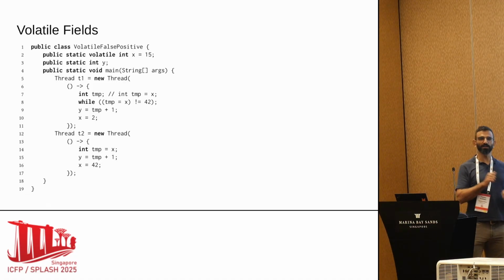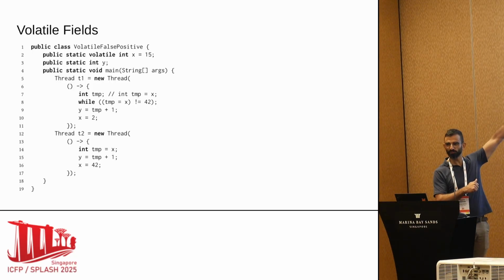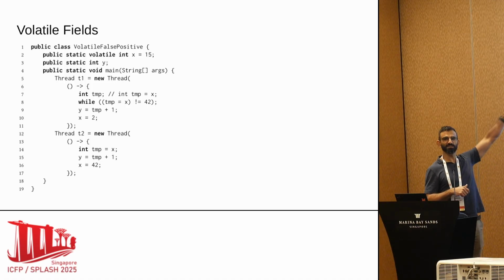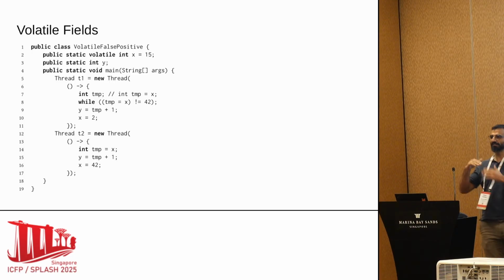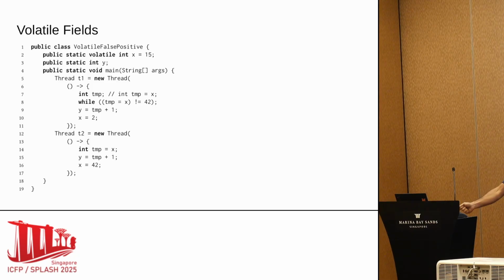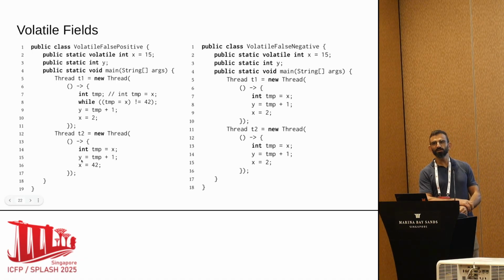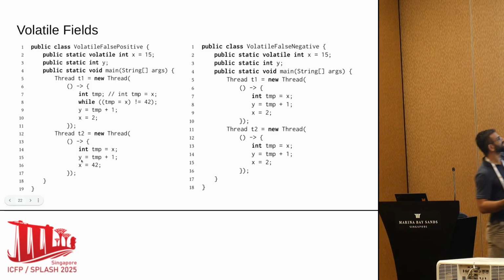And a lot of people write custom synchronization code like this, and the Java memory model allows you to synchronize like this, because the Java memory model says a write on a volatile field and a read from a volatile field will have a happens-before, will synchronize everything else in memory, even another third place in memory that's not volatile. The problem is that you can write code without the while, and there is no dynamic analysis that can tell this is an implementation of a spin lock and that isn't. This is a race, right?